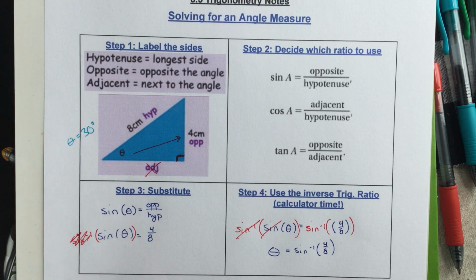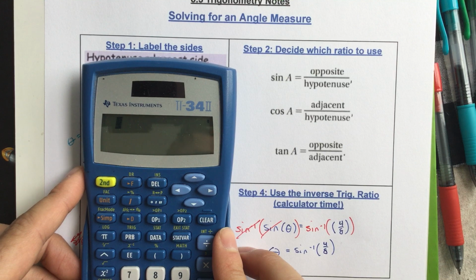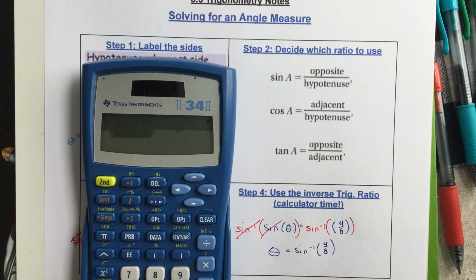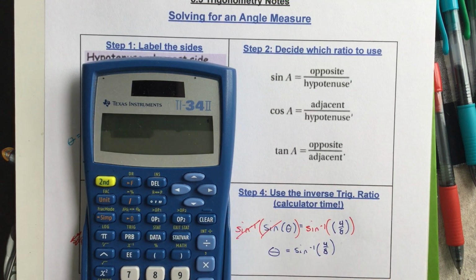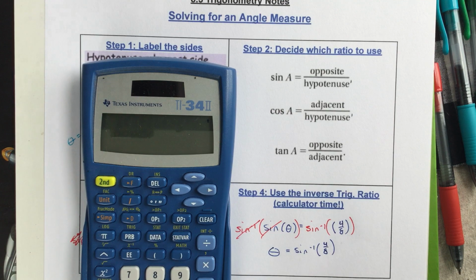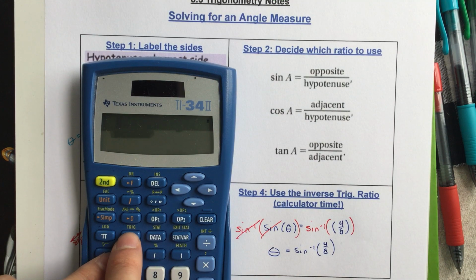So I'm going to show you where the inverse sine is first on the TI-34. On your TI-34, again, just from our previous video, usually there's the symbols here, sine, cosine, tangent, and above them you would see inverse sine, inverse cosine, and inverse tangent. But on this specific type of calculator, I'm going to have to use my trig function here.